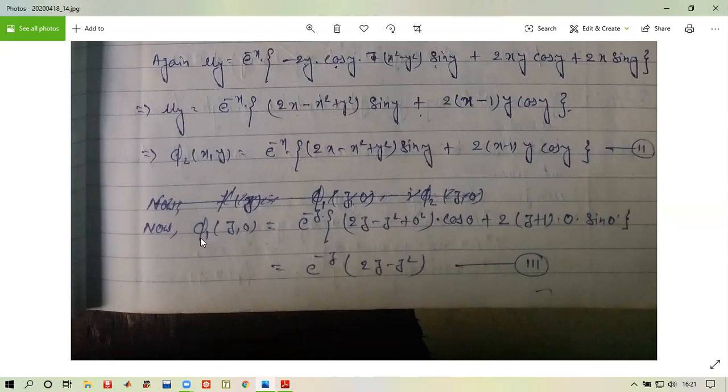Then our phi 1 z0 is equal to the function at x equals z and y equals 0. Substituting x equal to z and y equals 0 in the above functions phi 1 x y and phi 2 x y, we got phi 1 z0 as e to the power minus z [(2z minus z square plus 0 square) cos 0 plus (2z minus 1) into 0 into sin 0].